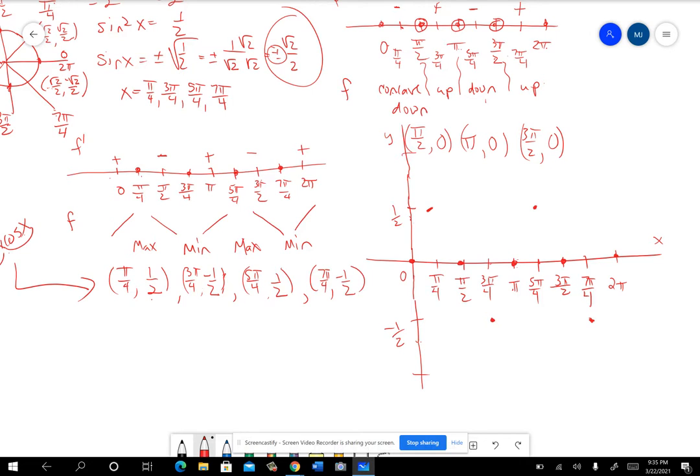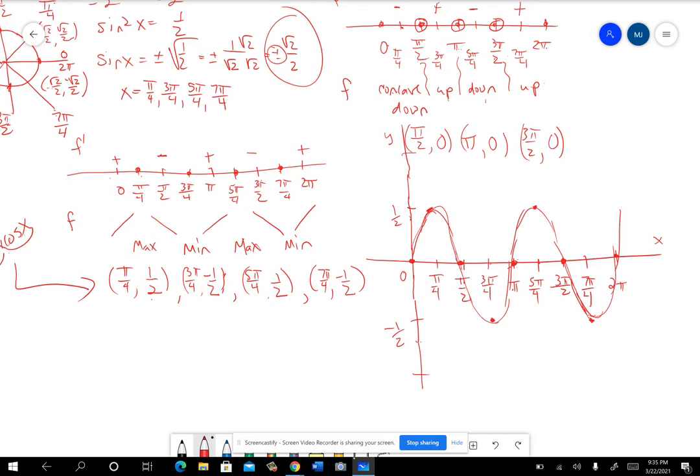All right. And then you know how trig functions kind of go, so that would enable you to go ahead and sketch that. Okay. So it's going to have a relative maximum, then a minimum, then a maximum, then a minimum, and then a maximum.